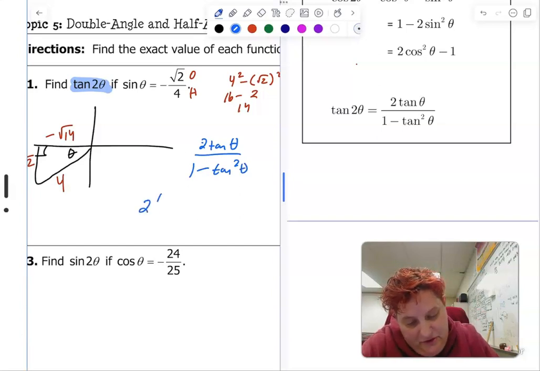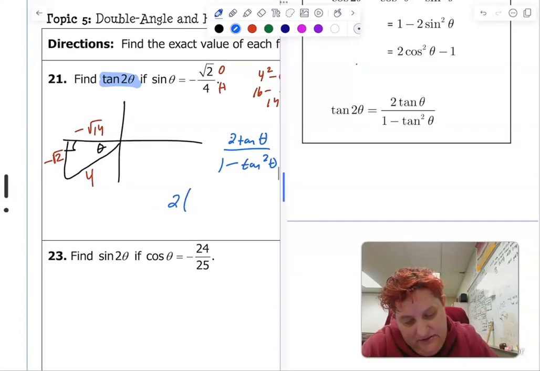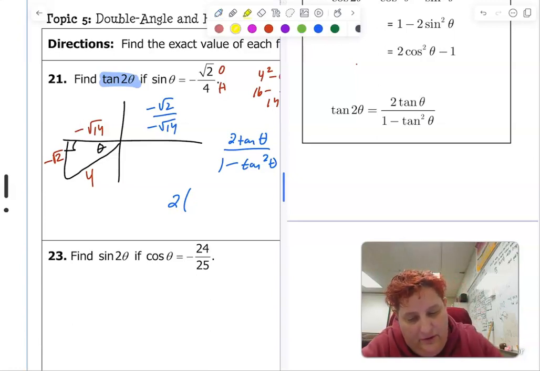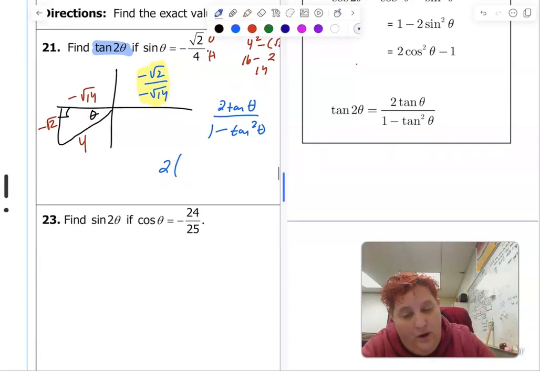So this is going to be 2, now tangent is negative root 2 over negative root 14. Now you guys, it is okay if you write in at every single one of these negative root 2 over negative root 14. Like it'll all work itself out, okay? If you want to reduce that, though, you certainly can. 2 negatives make a positive. 2 and 14, since they're both in square root signs, can go to 1 and 7 with a square root on it.